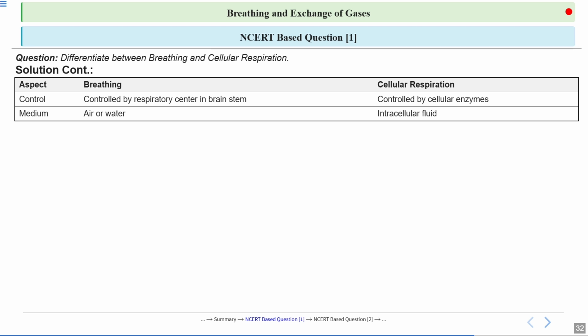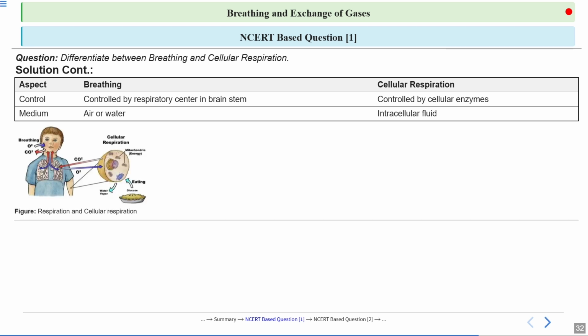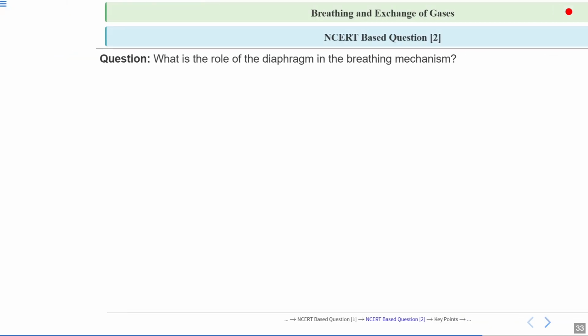Now, in breathing, exchange of gases can occur in air as well as water. Clear? And for cellular respiration, which medium do you require? You require intracellular fluid, means the fluid present within the cell. This fluid consists of all the enzymes required for respiration.